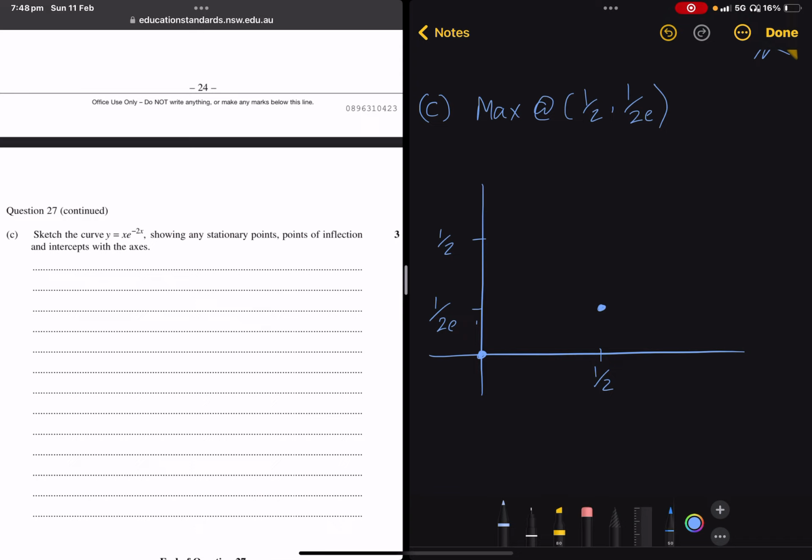We also have to be careful to look for points of inflection. So we have an important intercept, we have an important min or max, we don't have any inflections. Now, this is an x value multiplied by a negative exponential. These have a particular shape. Some students will be familiar with the shape that these kind of curves have already.